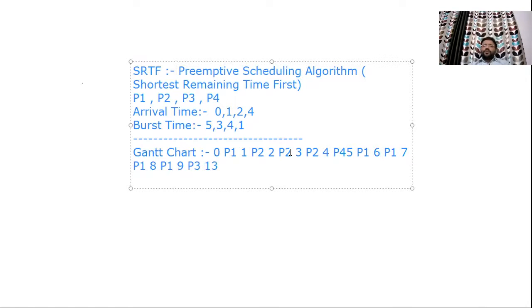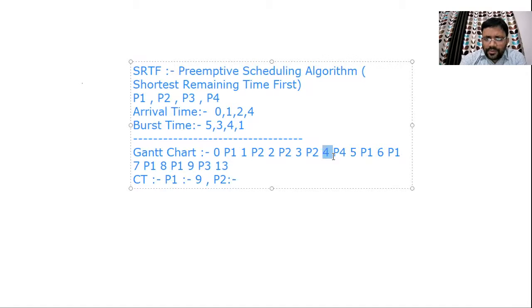Now we have to compute completion time first, CT in short. We just have to look for the final completion time of each process. So P1 has 9, and for P2 we have to look at P2, which has 4.